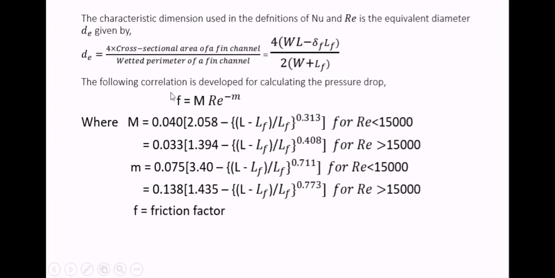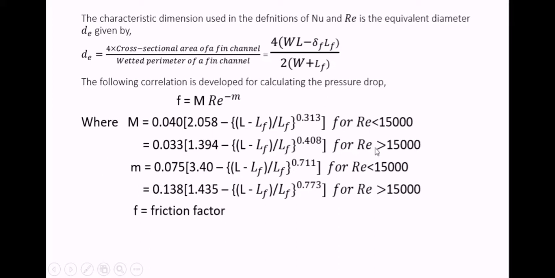Then the correlation developed for calculating the pressure drop is given by F equals capital M into Re raised to minus small m, where capital M is equal to 0.040 into (2.058 minus (L minus LF) divided by LF) raised to 0.313, which is for Reynolds number less than 15,000.